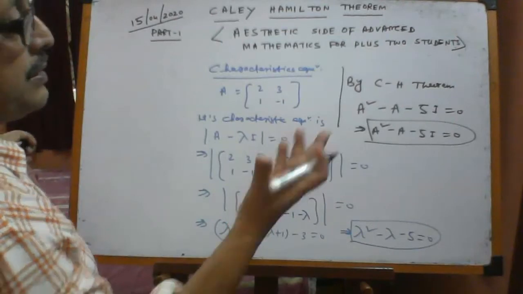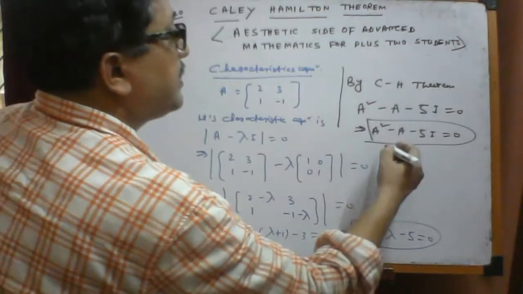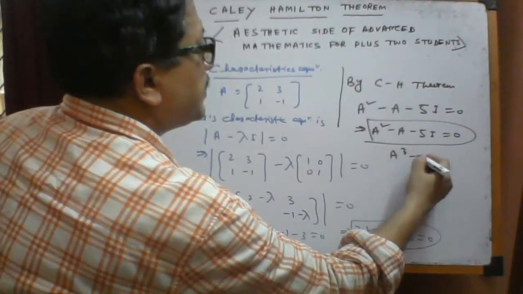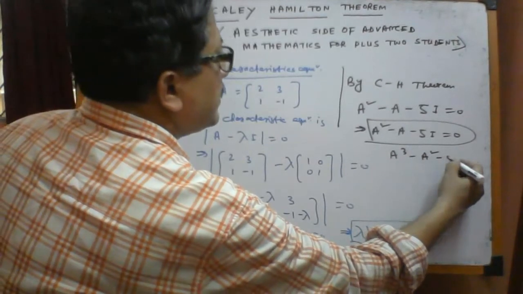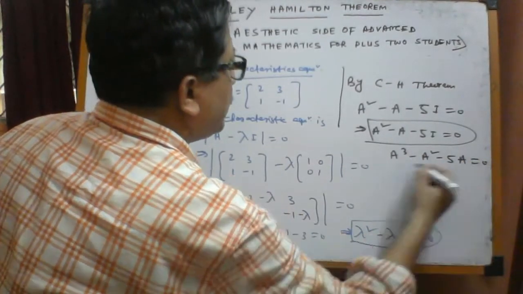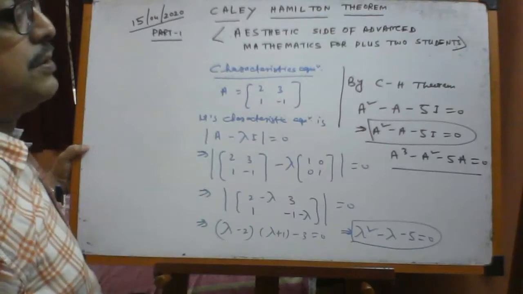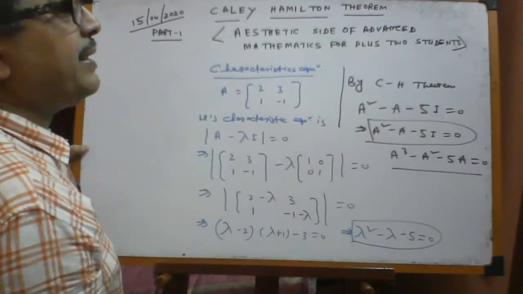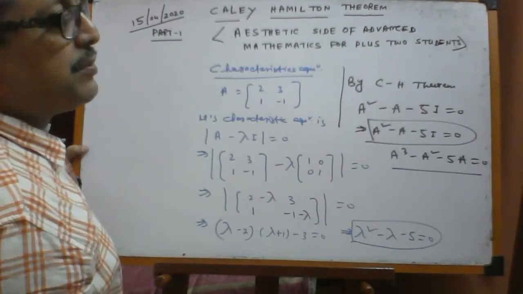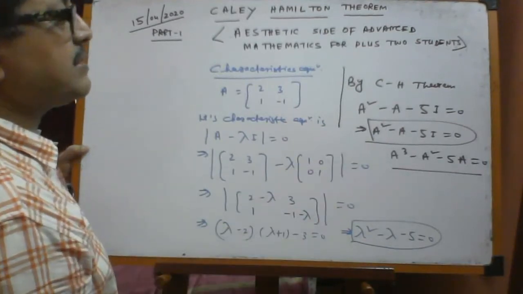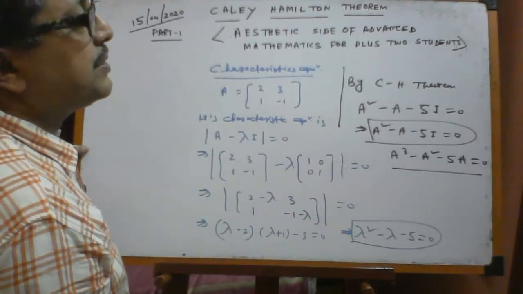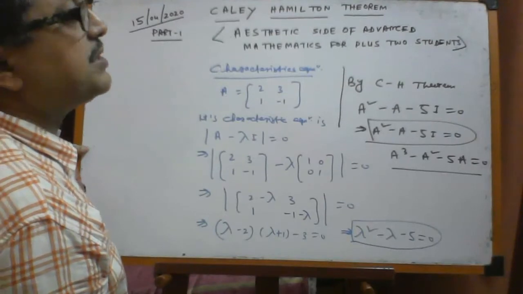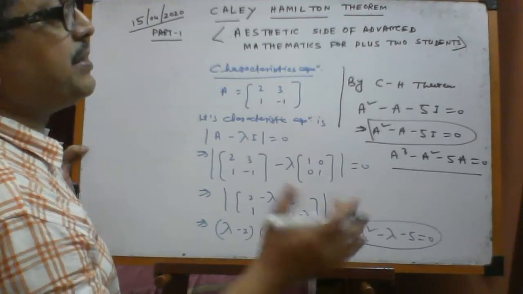Even suppose they have asked you to show A cube minus A square minus 5A equal to 0. That is also not difficult, because if I multiply by A, then it automatically comes. You don't have to multiply the same matrix by itself 3 times. A cube means A into A into A, no need to prove it.